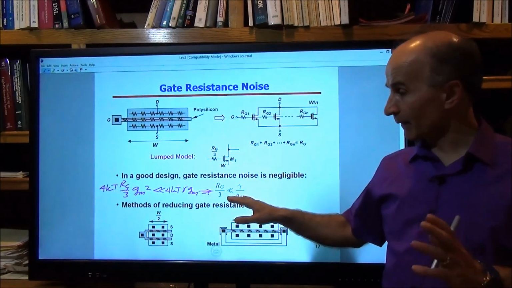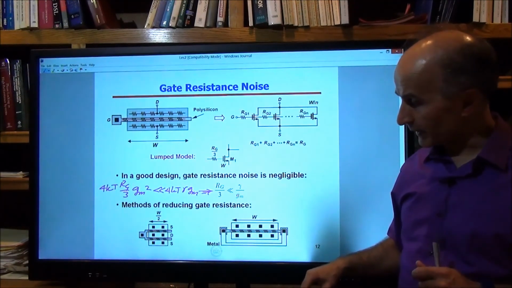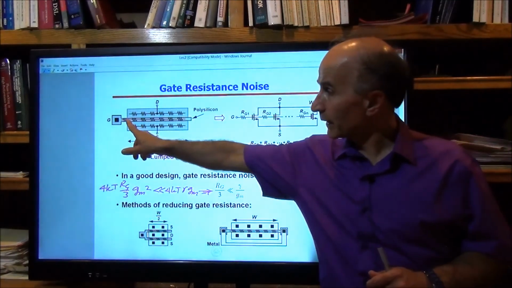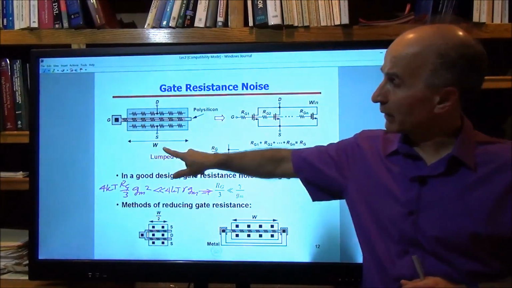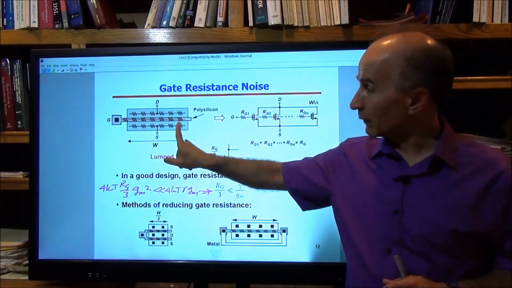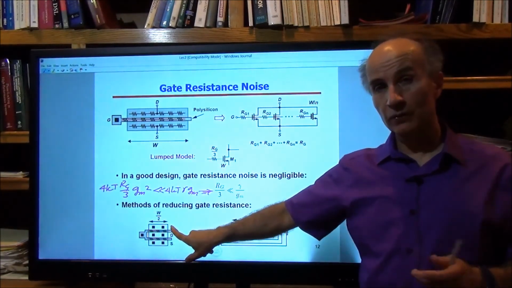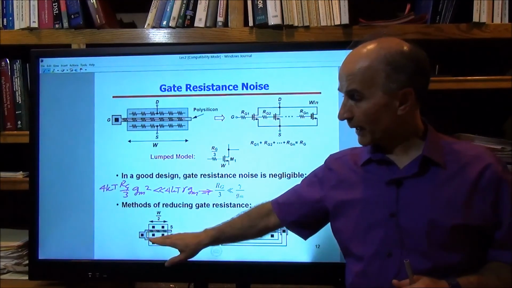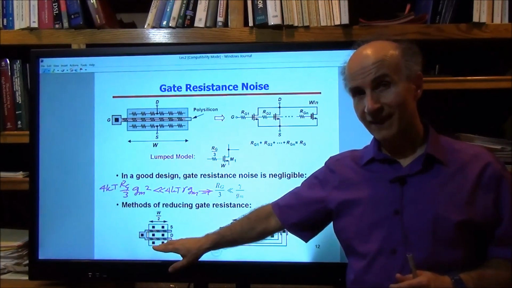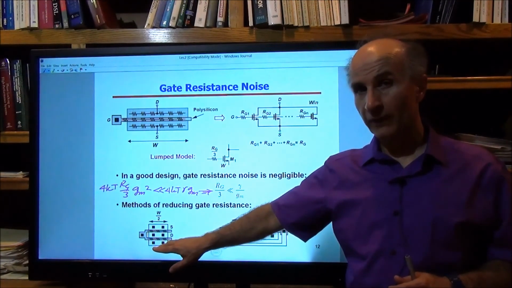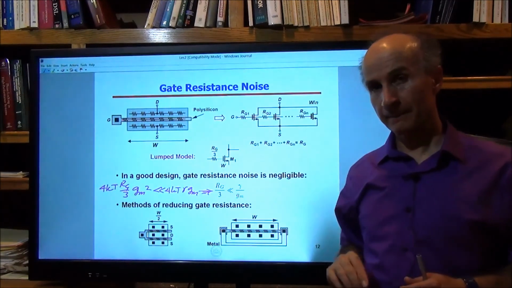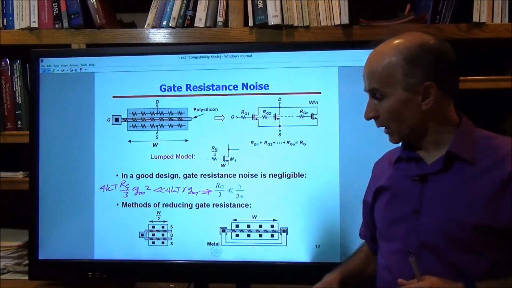And to do so, we can take some precautions. For example, instead of one finger that is W microns wide, we can fold this device into 2 fingers. Now each of these is W over 2 microns, and they are in parallel, so the total gate resistance is 1/4 of what we had here. So this is very common.